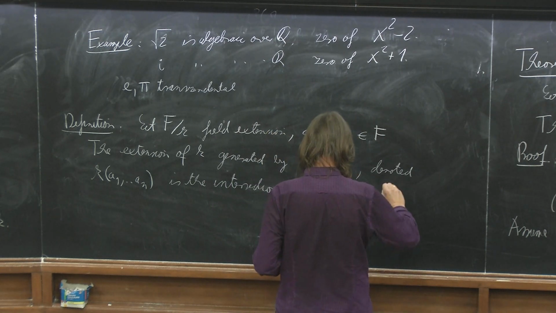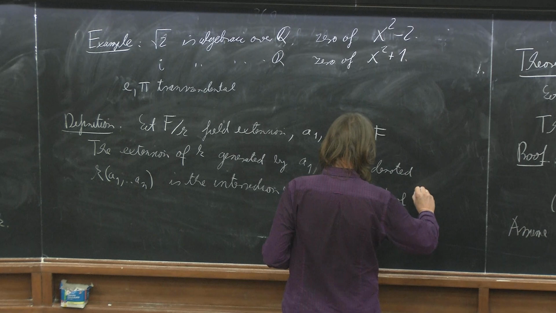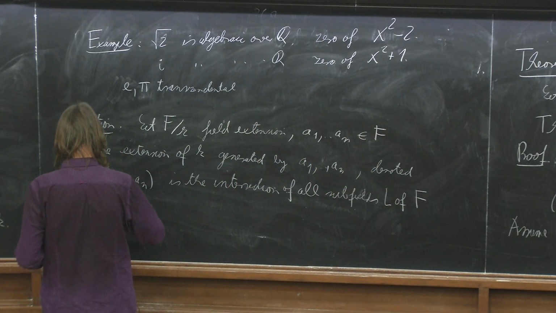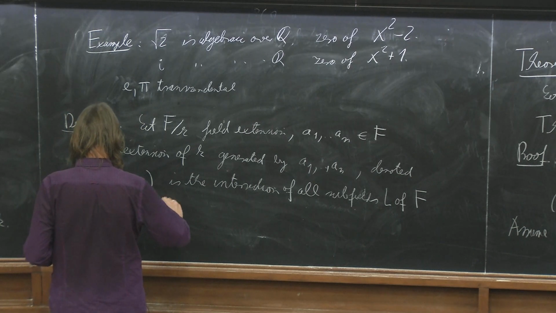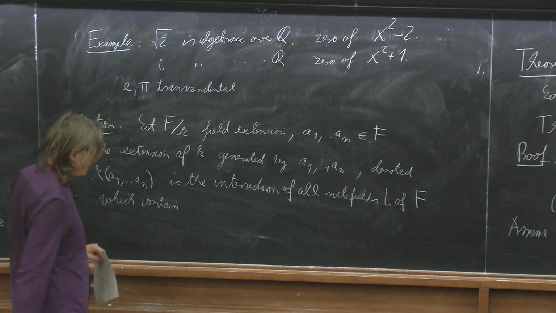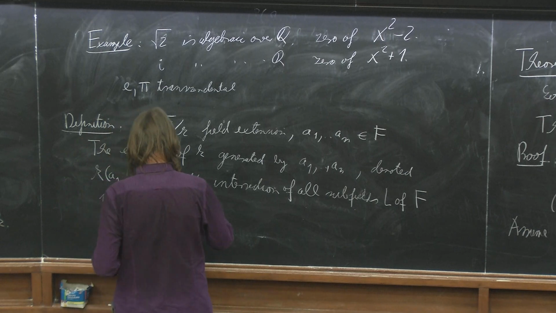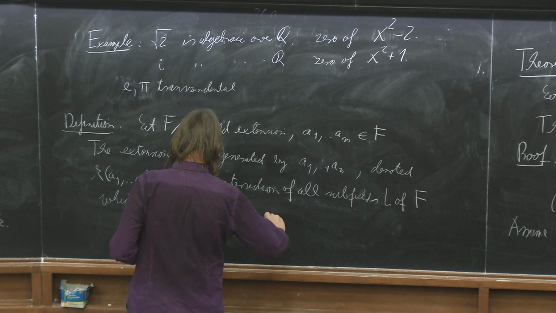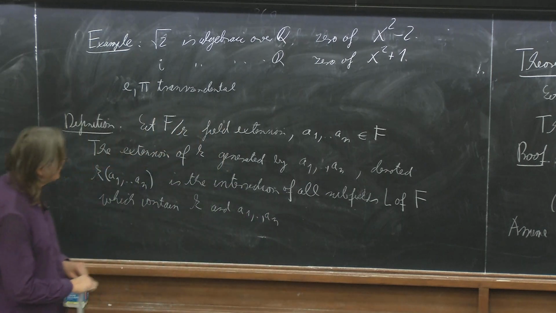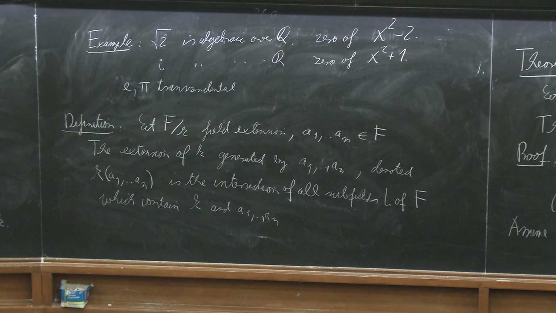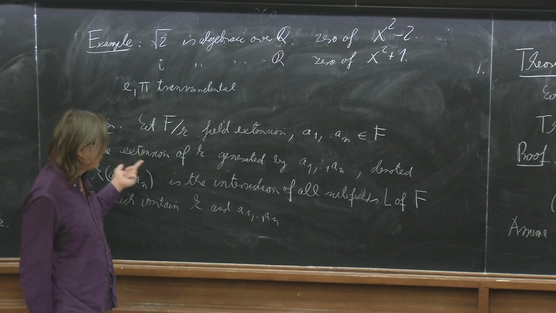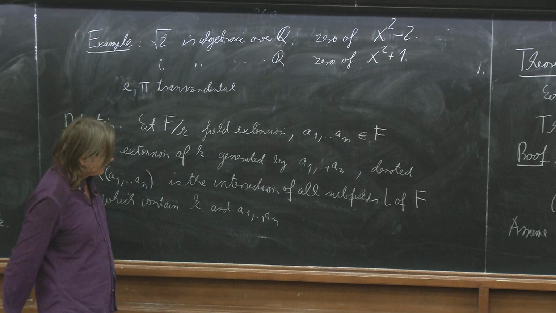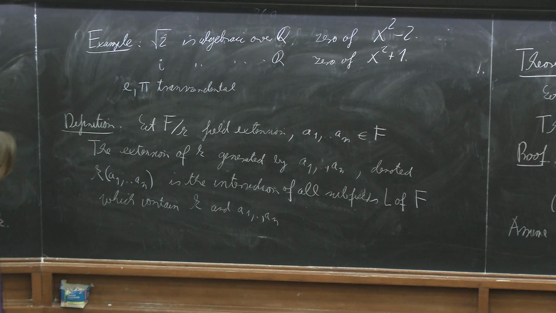Say, L of F, which contain K and A1 to AN. So it's clear that if I intersect two subfields of a field, the intersection will again be a subfield.